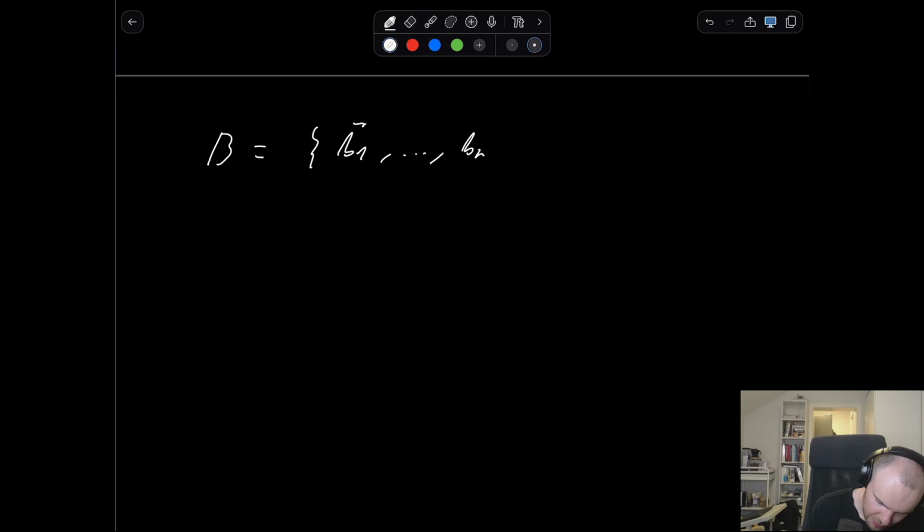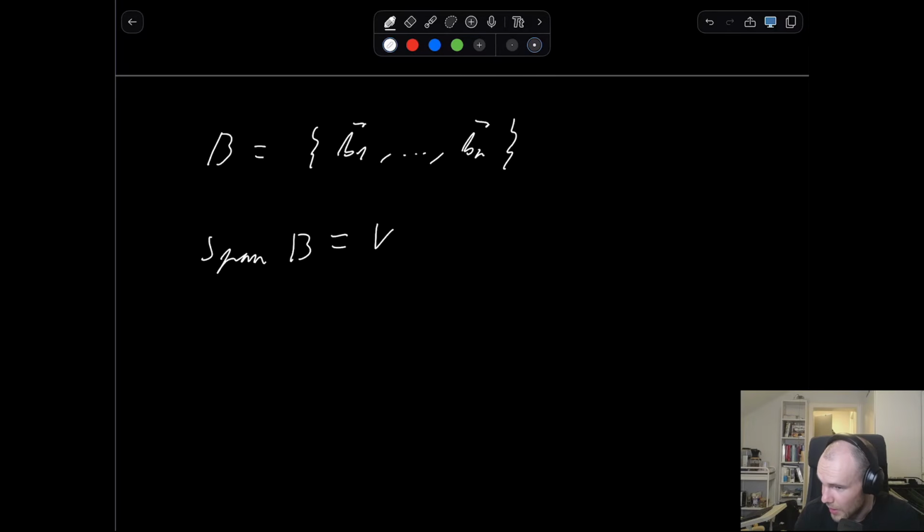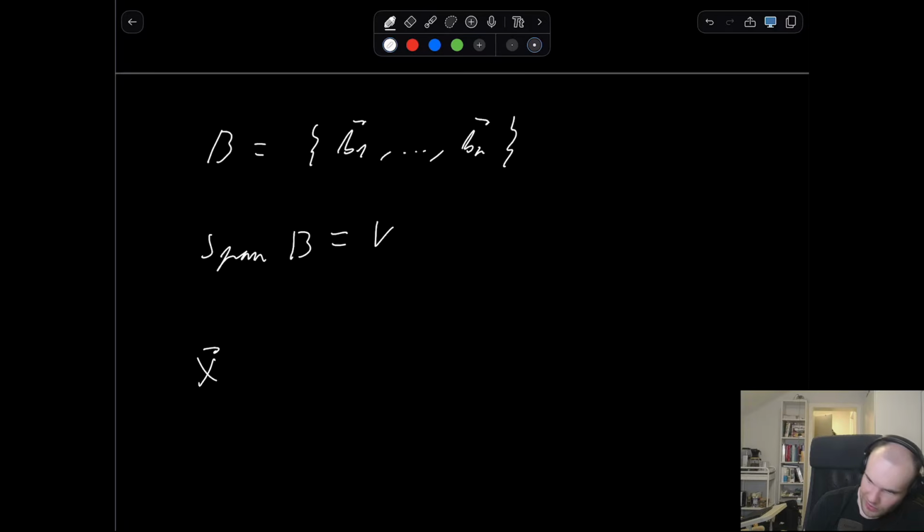We are also going to have a theorem, and that is the unique representation theorem. So we're going to let B be some kind of basis for vector space V. So B is this basis here, and it's the basis, which means that the span of B covers V, so that's the basis for V. Then for each x in V, so for every x in V, there will be a unique set of scalars in order to represent it.